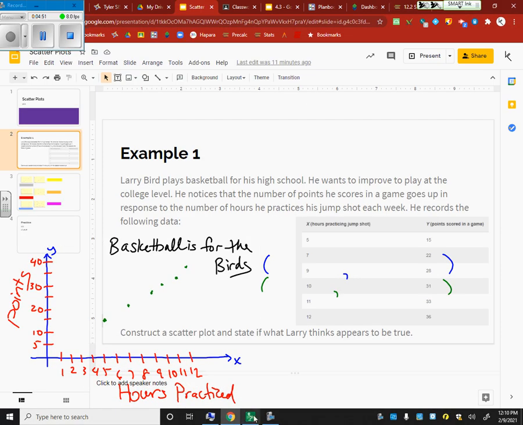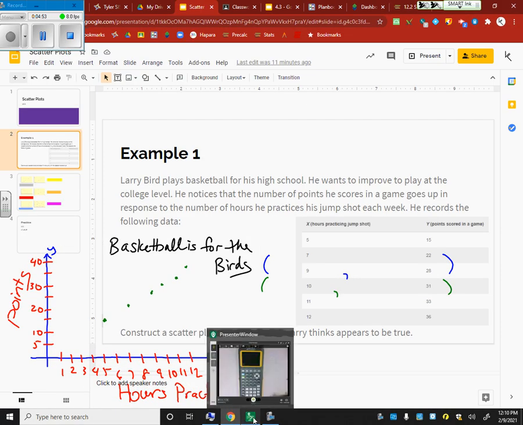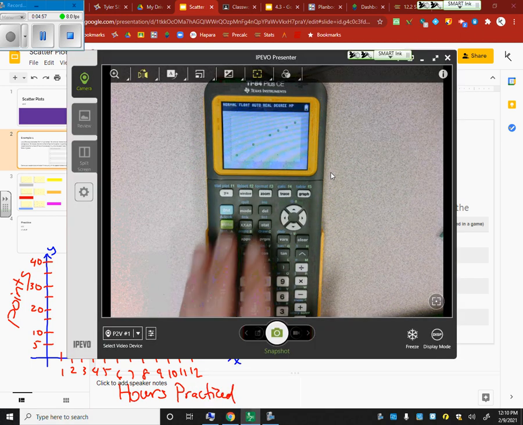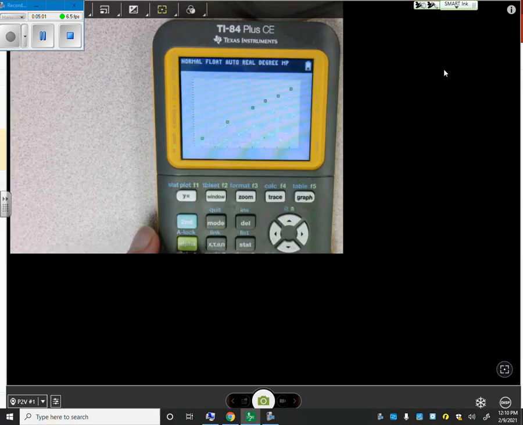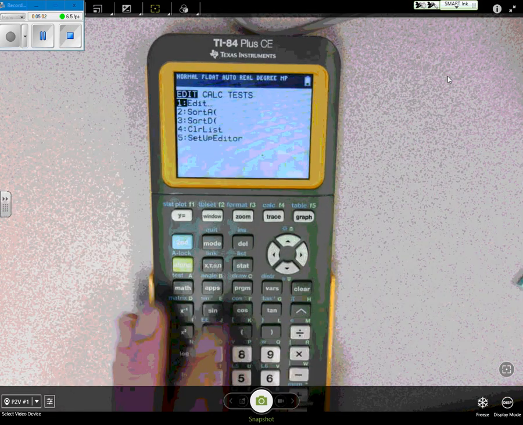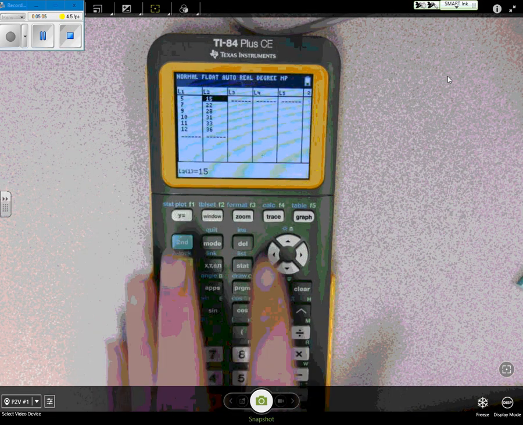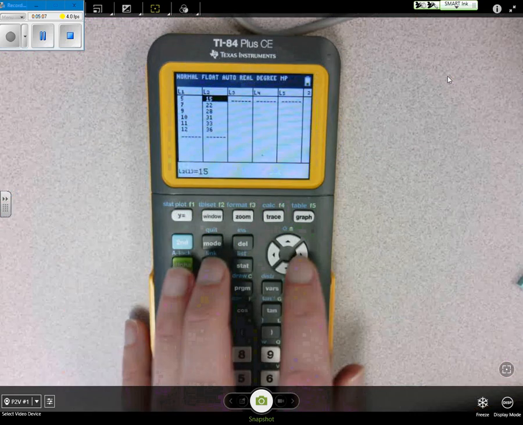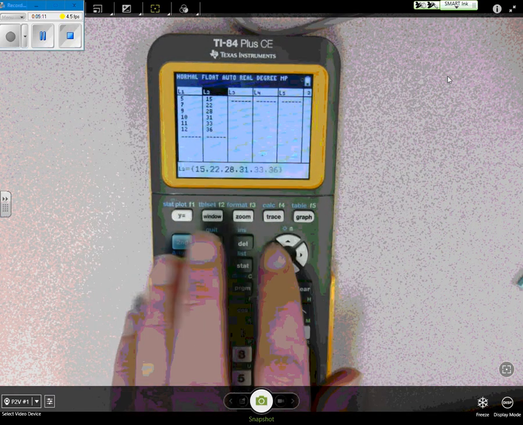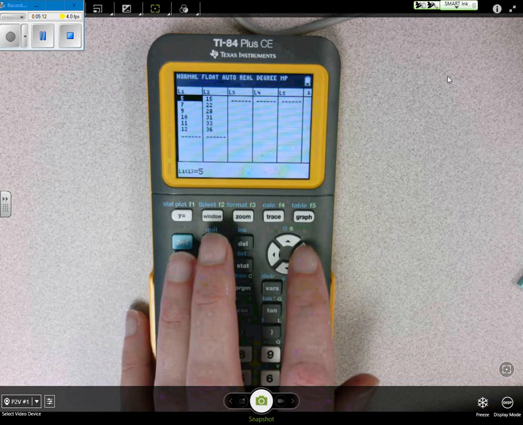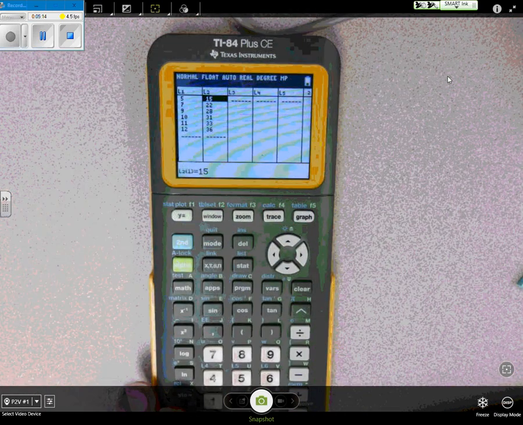On the graphing calculator, I can pull this up. Oops, I already did all my work on here, but I just want to show you under stat and edit. What I did was I typed in all my X's here and all my Y's here. So I have the number of hours that he practiced, and then he scored 15 points that game.